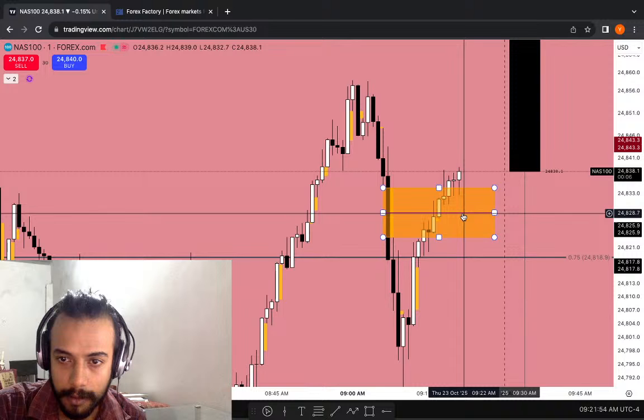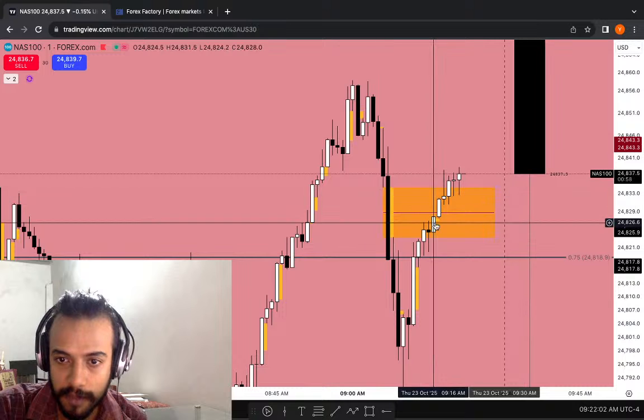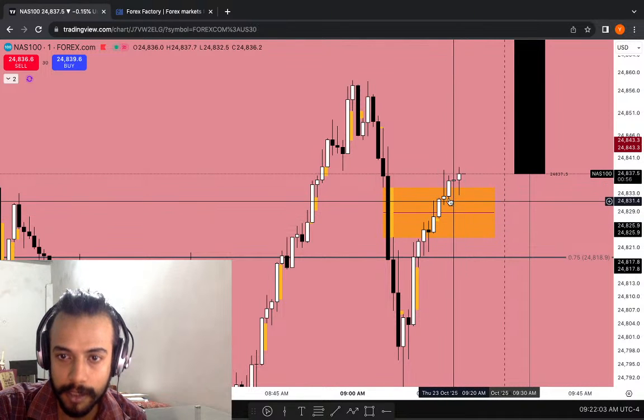Look at that, how bodies of candle after breaking this sell side imbalance buy side inefficiency is now acting as the inversion.